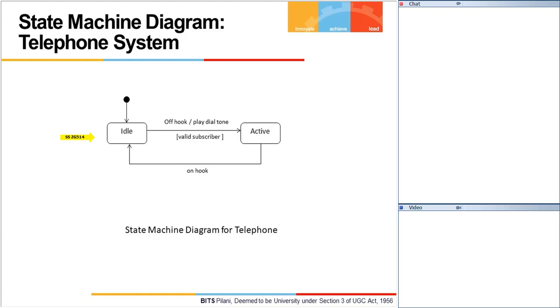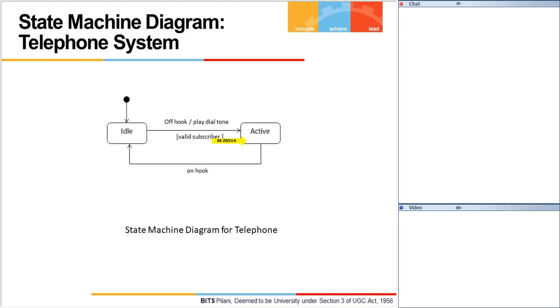So the telephone is placed on a hook, right? It is not active, it is idle, but it is not dead. So it's in an initial pseudo state. The moment you lift up the hook and put it near your ear, you will hear the dial tone, and you will feel that the system has moved from the idle state to the active state.